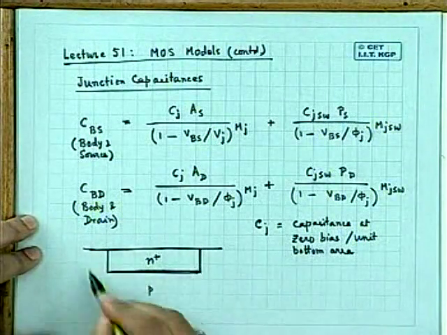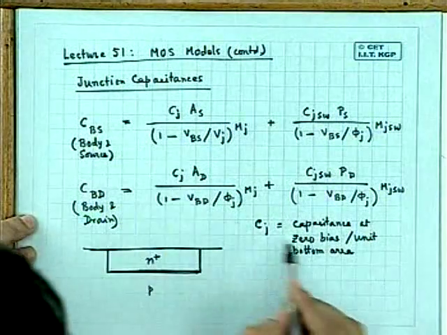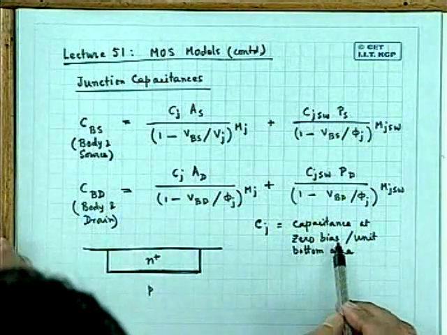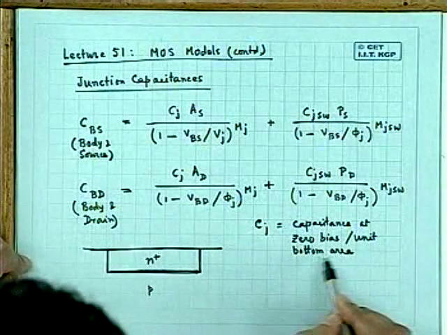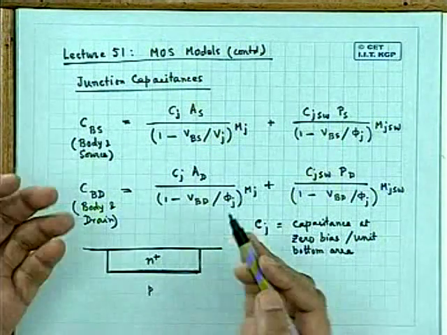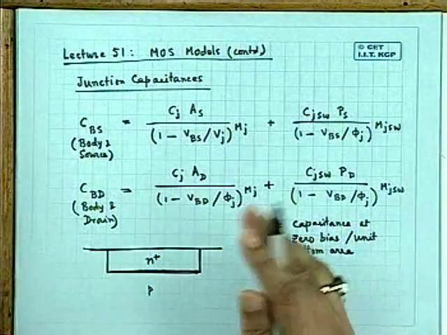That means this, assuming it to be planar. So Cj is the capacitance of the junction at zero bias, when VBS or VBD equals 0, per unit area. Area means the mask area. In fact, this area is nothing but the mask area.